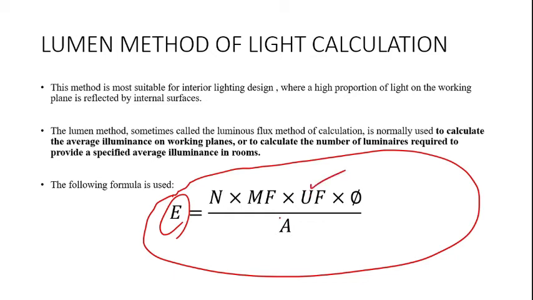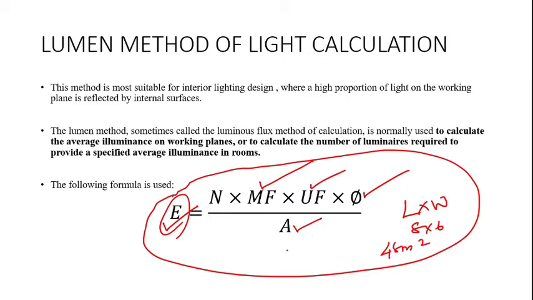Suppose we have this E, the known value of illumination index, then maintenance factor is also known. And the initial lumen output of that particular luminaire is also given in the problem. That is phi is given. Then A can be calculated with length into width, that is 8 into 6, that is 48 meters square. So A is also known.